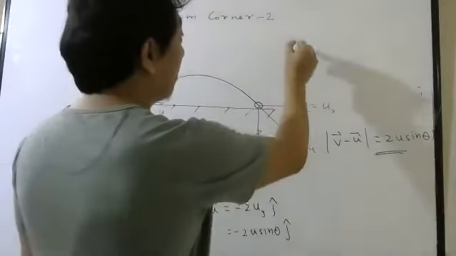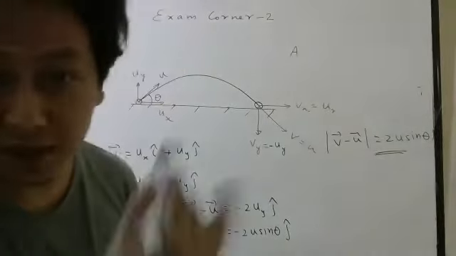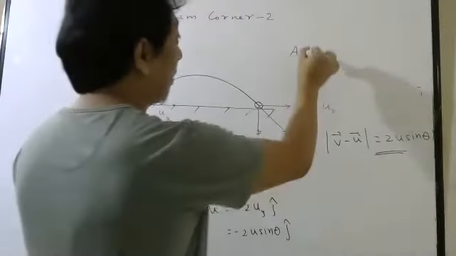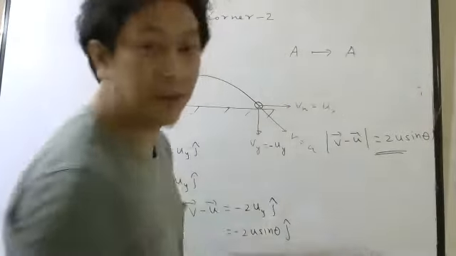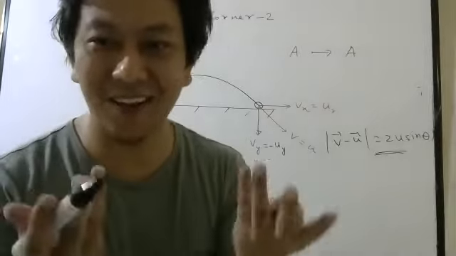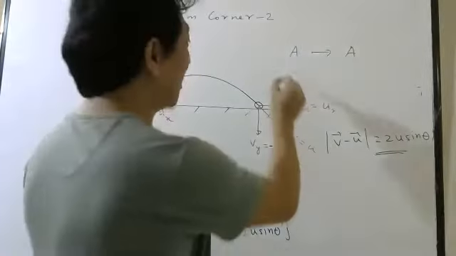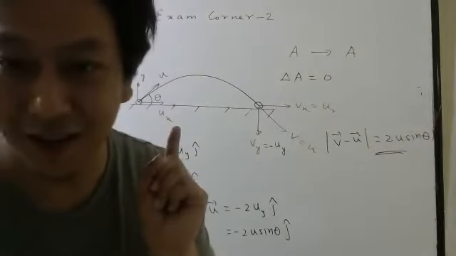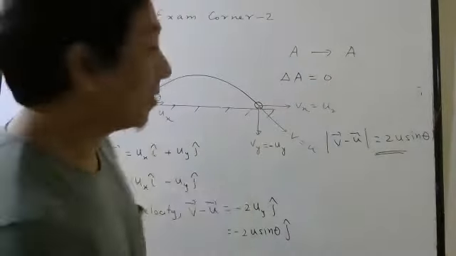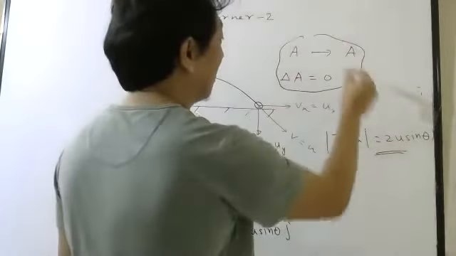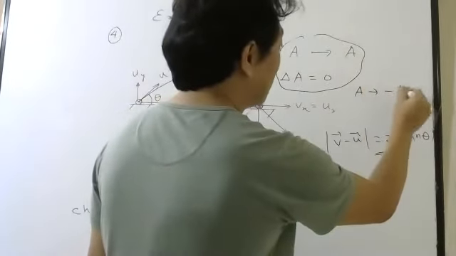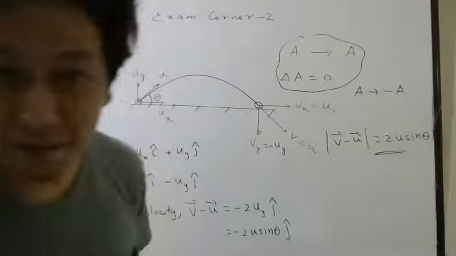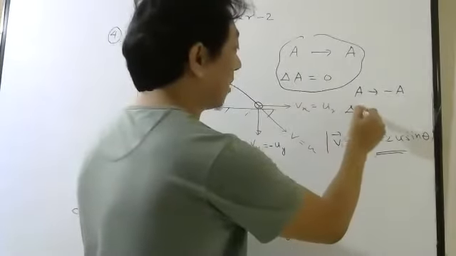If there is some quantity A, and if A becomes A, means A is A only. So the change in A will be 0. Okay? But if A becomes minus A, change will be what?